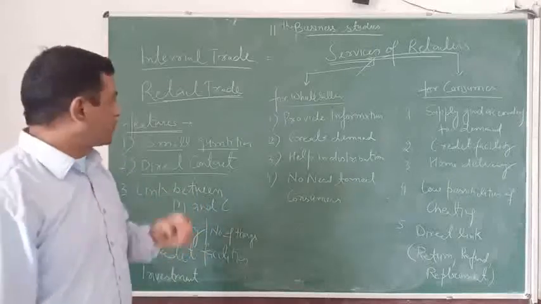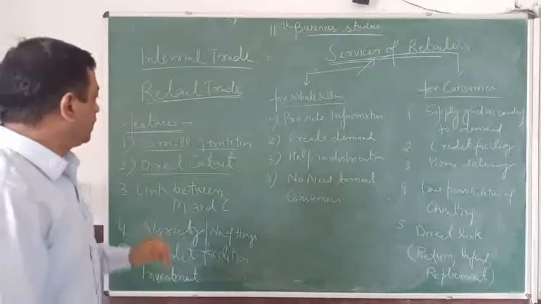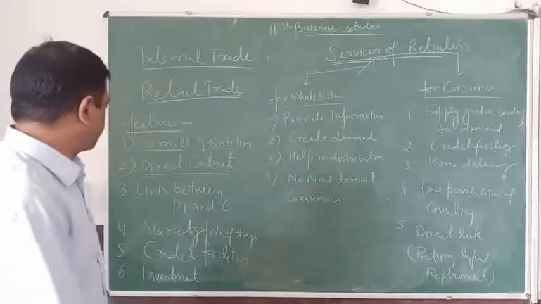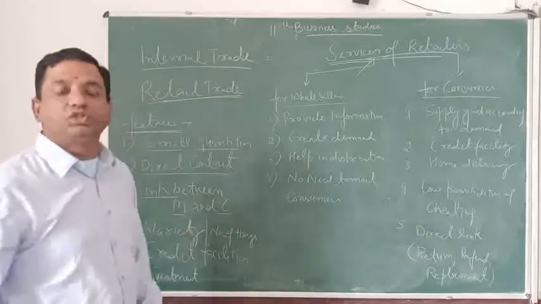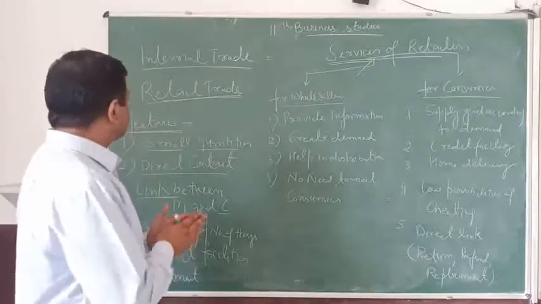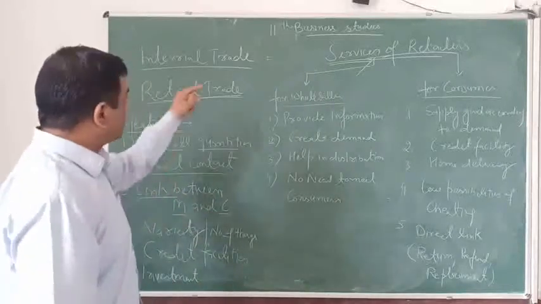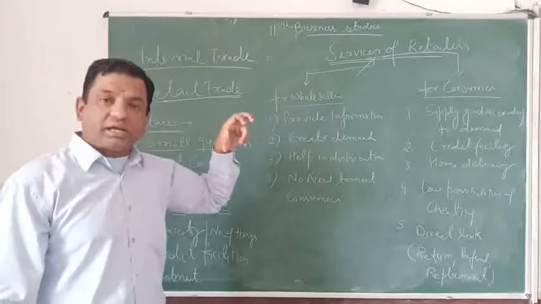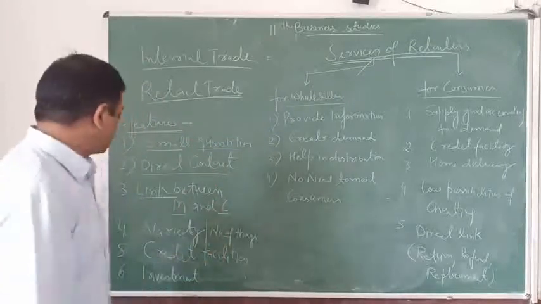The customer approaches this retail trader personally, physically, in order to buy goods and services. Then it is a link between manufacturer and consumer. As I have already discussed, there is a chain of physical distribution, and this retailer is just like a link between the manufacturer and the consumer.